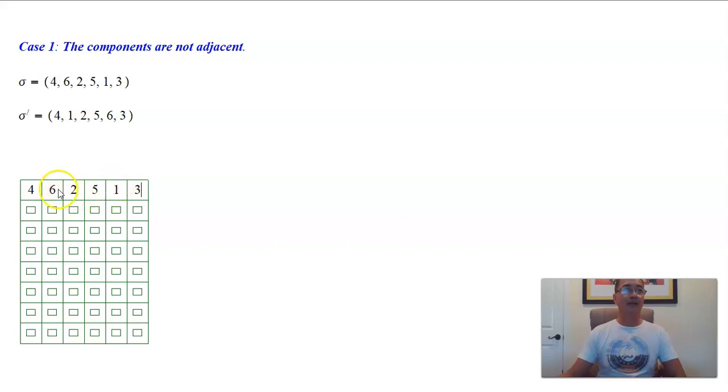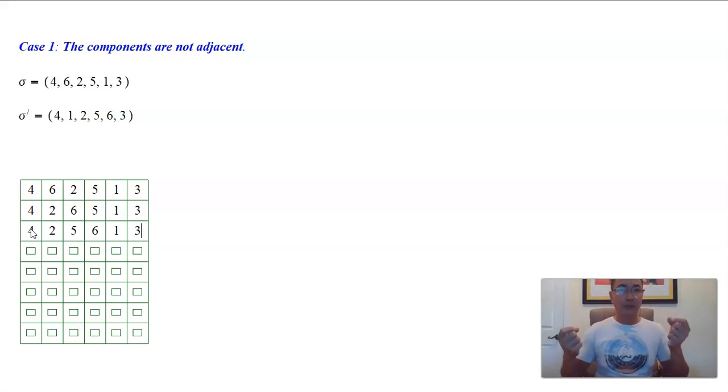So to get the 6 over here, it has to first swap with the 2. So we get 4, 2, 6, 5, 1, 3. Next, 6 has to swap with the 5 to get it closer to the 5th component. 4, 2, 5, 6, 1, 3.